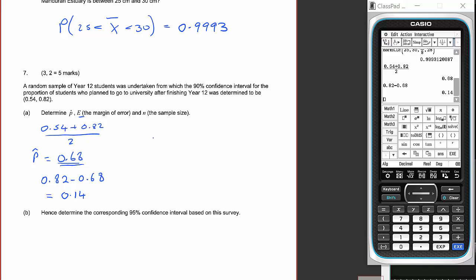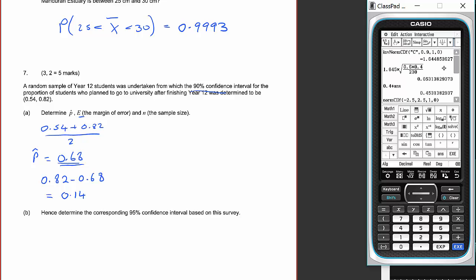Now for N, what we need to think about is the fact this is 90%. If I just go back and change this one to 0.9, it's 1.645.